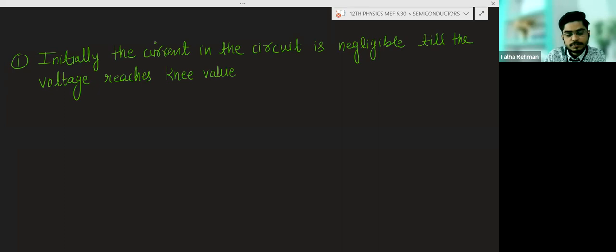Knee value, or this is also known as cut-in voltage.